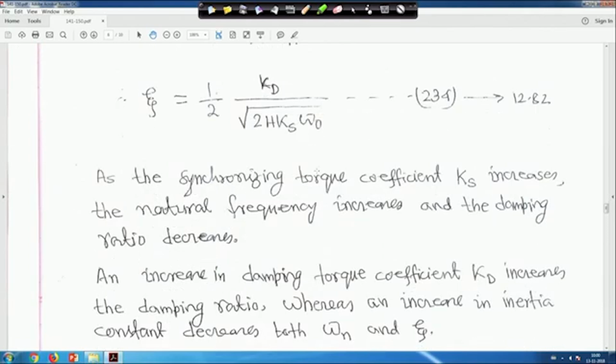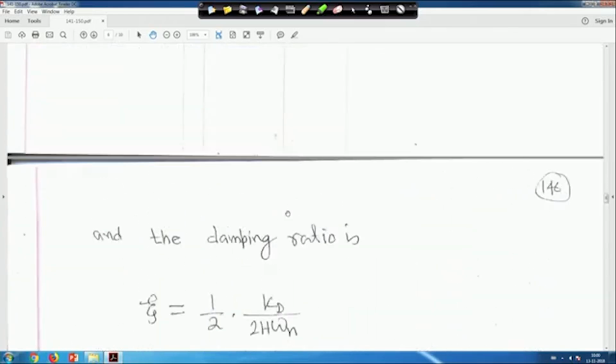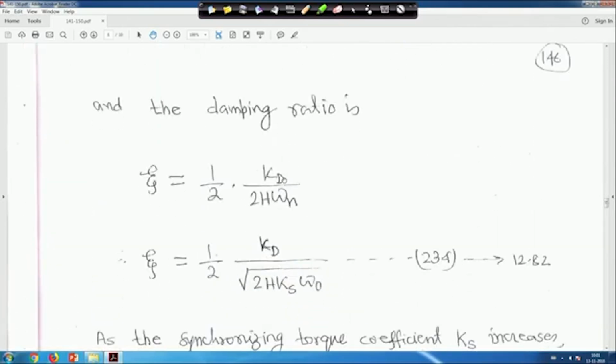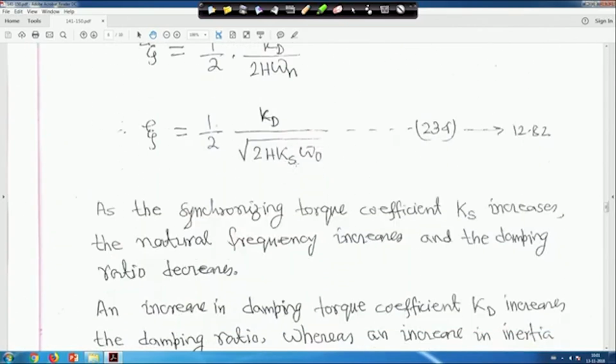As the synchronizing torque coefficient Ks increases, the natural frequency increases and the damping ratio decreases. As Ks increases, the natural frequency increases, because omega n is root over Ks into omega 0 by 2H. And in the damping ratio, the Ks term is root over 2H Ks omega 0, which is in the denominator.